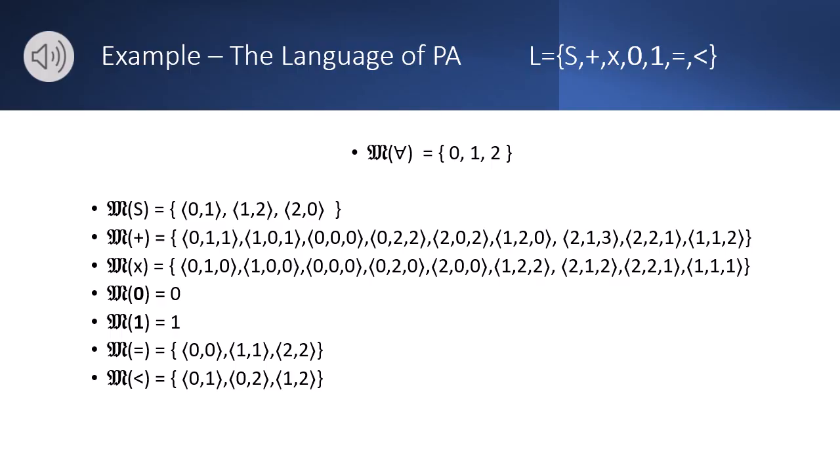There are two constant symbols, 0 and 1. And here I've made them bold in the language to emphasize that those are the symbols within the first order language of arithmetic. And then we have two predicates. There's the identity predicate, which is a binary predicate. And then there's this less than predicate that is also a binary predicate.